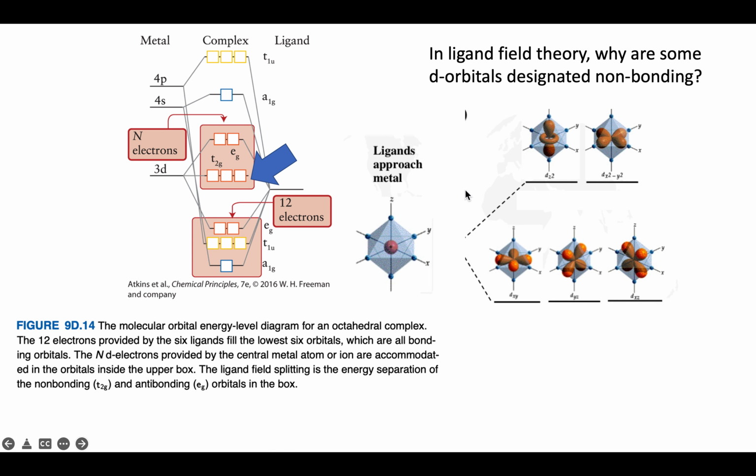That's really consistent with what we saw with crystal field theory itself, where we had our lower in energy t2g, because they were not directly along the x, y, z axes, which is where the incoming ligands were. So this idea of having lower energy because they were not directly aligned with the incoming ligands is exactly the case in crystal field theory, and that's what makes them designated non-bonding, because there's no overlap between the metal's d electrons in those atomic orbitals and the atomic orbitals of the incoming ligands.